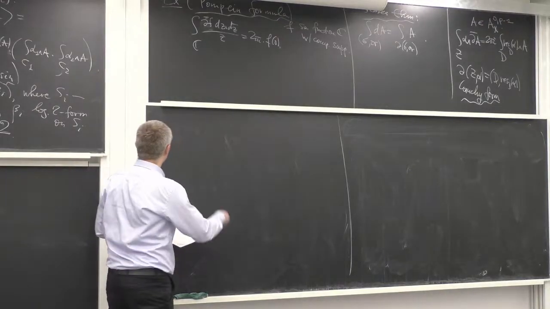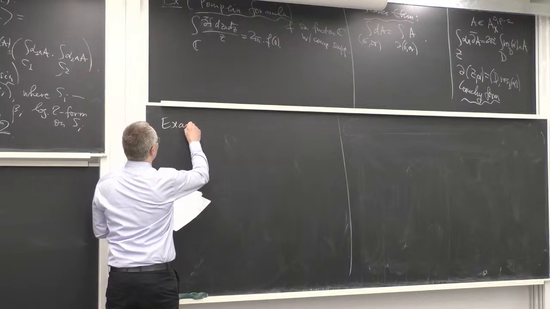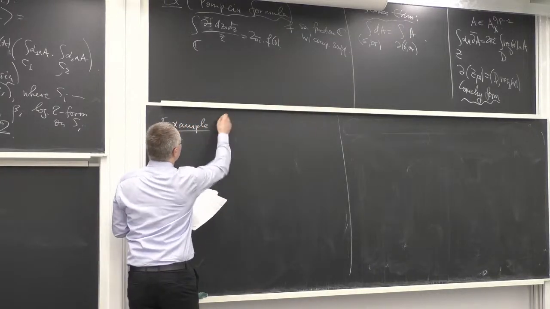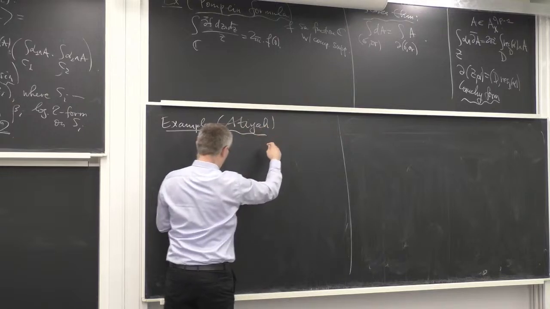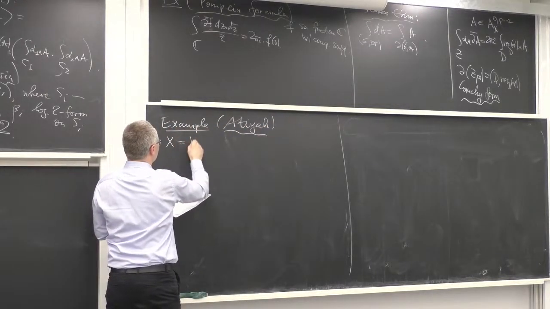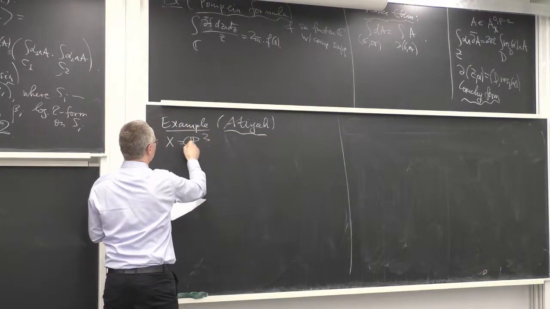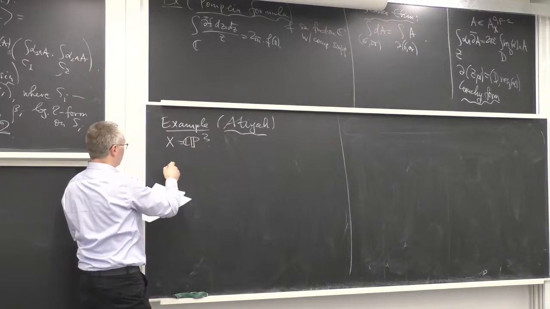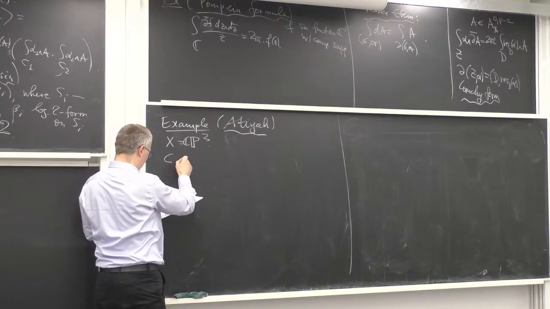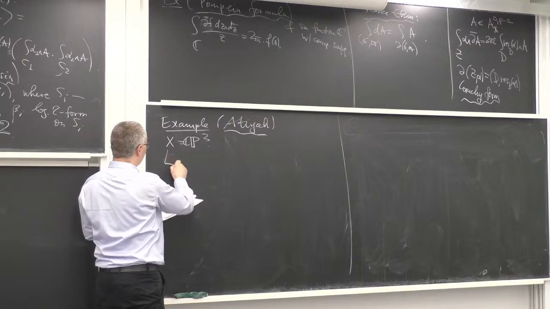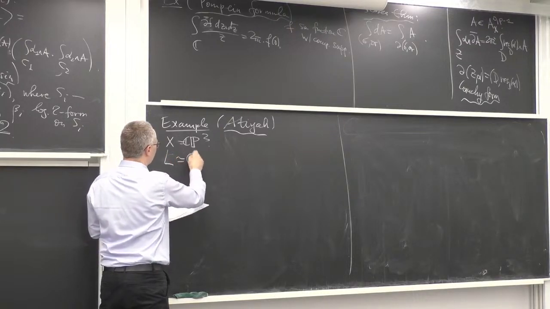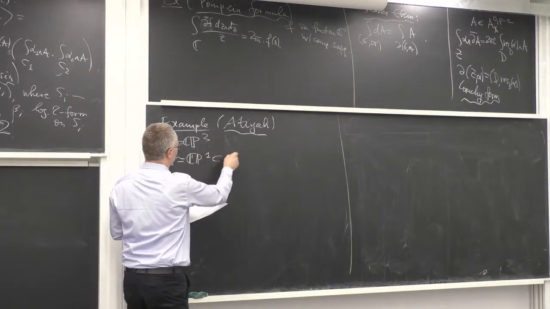Now let's consider the simplest example, which was found before by Etienne. As X, consider just the simplest thing, P3. Then our cycles Ci will be lines, linearly embedded inside CP3.